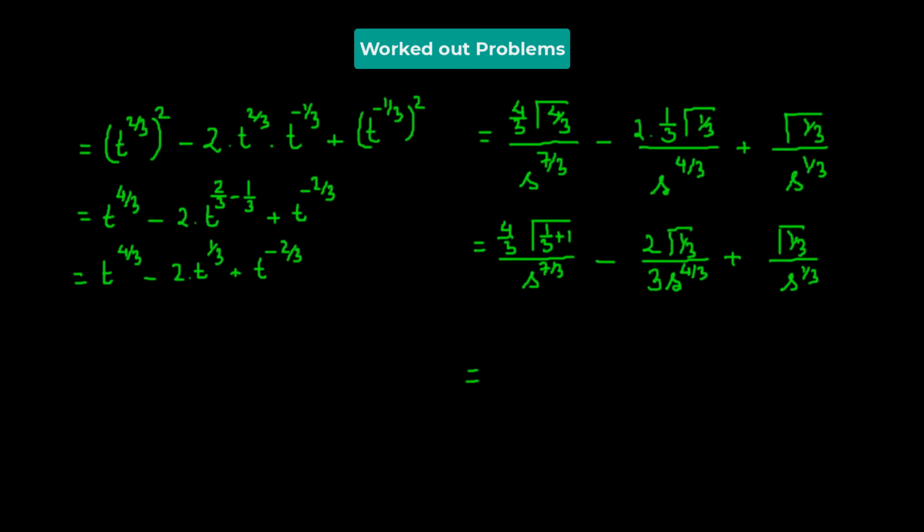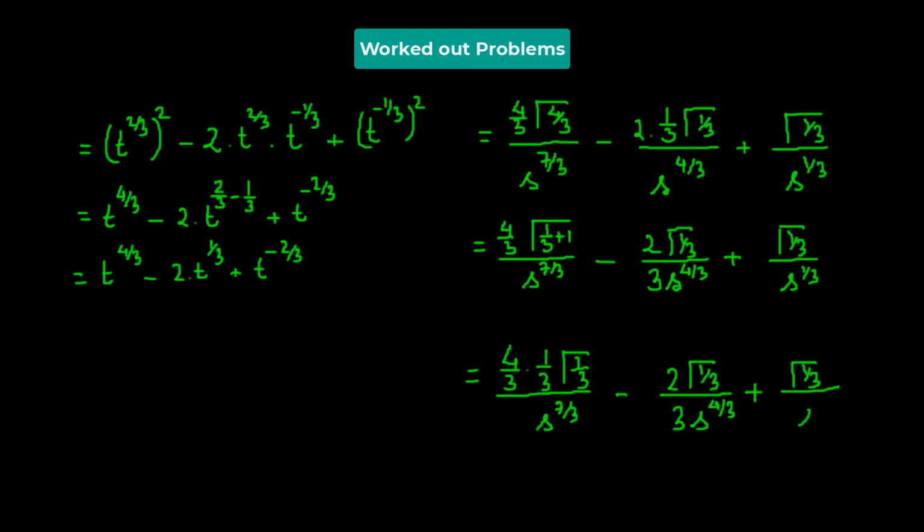So we have 4 times 4 over 3 times gamma of 1/3 plus 1, which will be 1/3 multiplied by gamma of 1/3, divided by s raised to the power of 7 over 3, minus 2 times gamma of 1/3 divided by 3 times s raised to the power of 4/3, plus gamma of 1/3 divided by s raised to the power of 1/3.